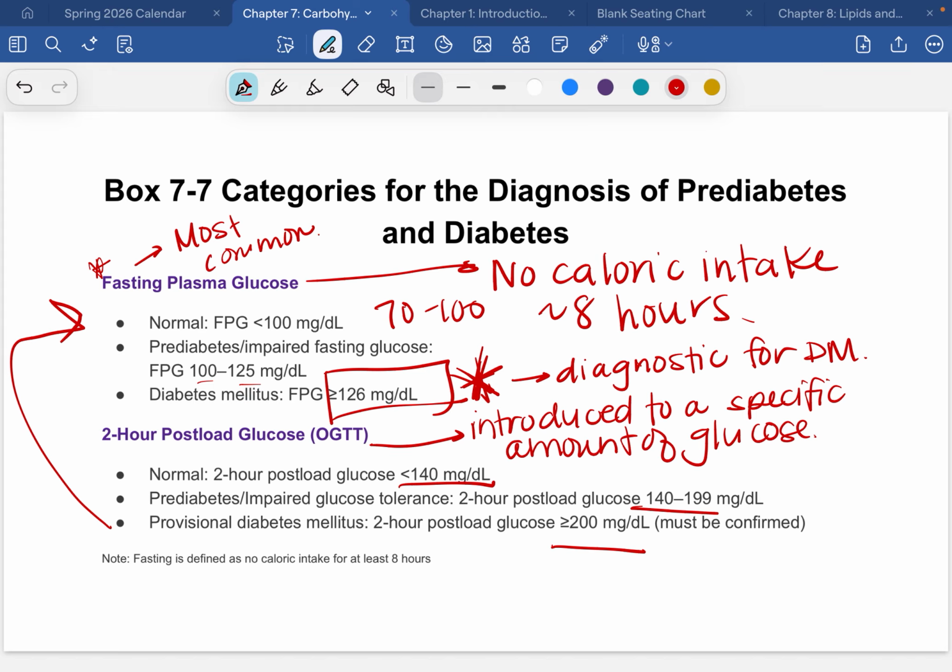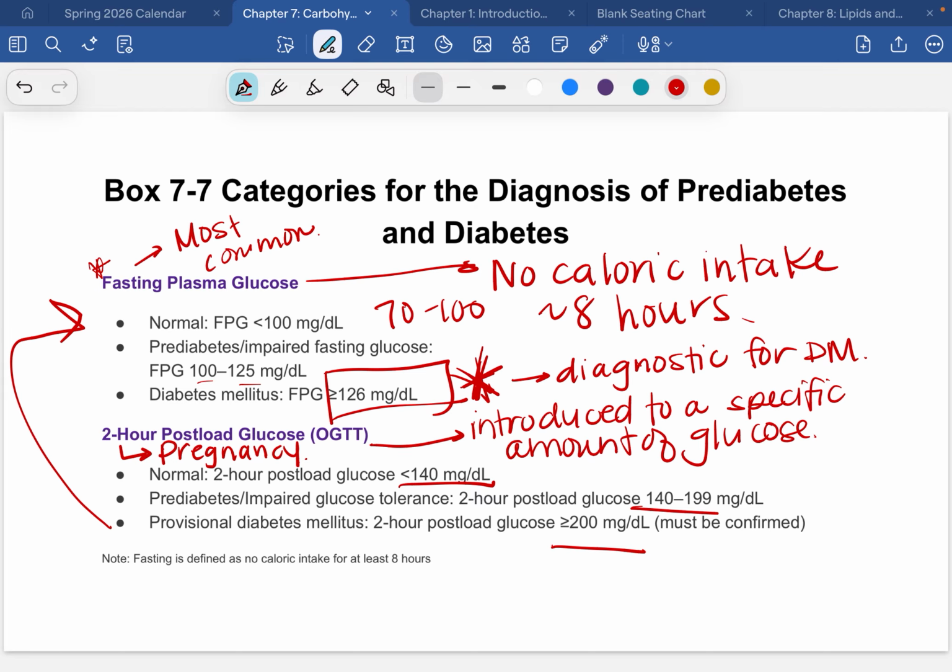But most of the time, you are given a specific amount of glucose and you see how your blood sugar responds 2 hours later. This type of testing is more commonly done during pregnancy. Not that it can't be done in other circumstances, but this is the most common time that you are going to see it.